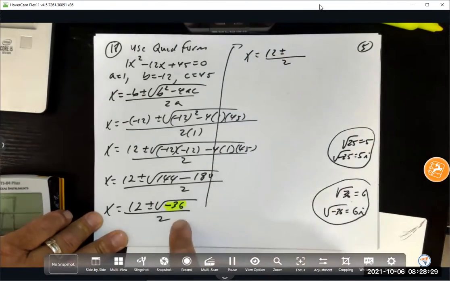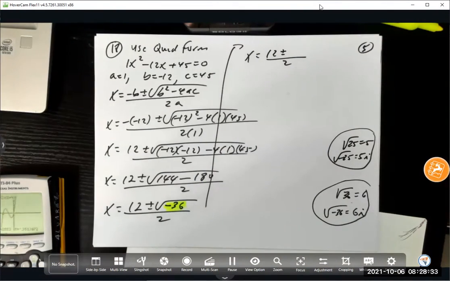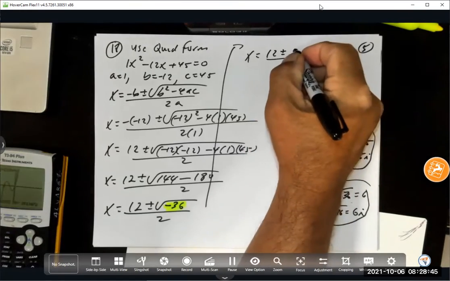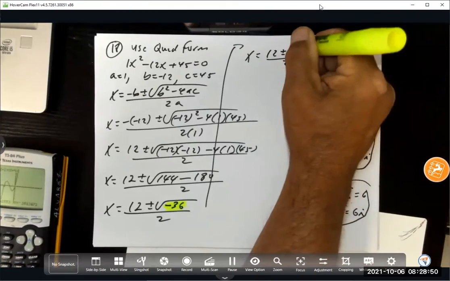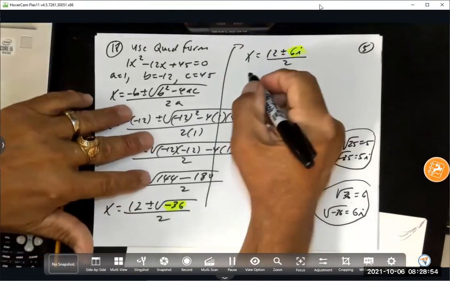What goes up here for this corner? I'll help you right here. How about 6i? Is that okay for 6i? Yes. Then divide.